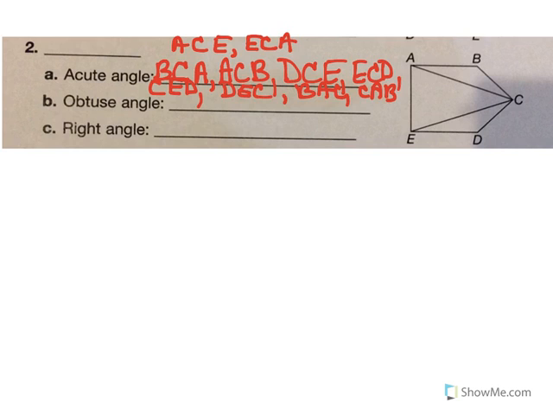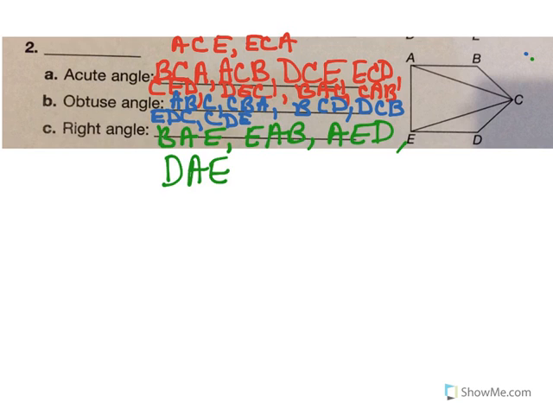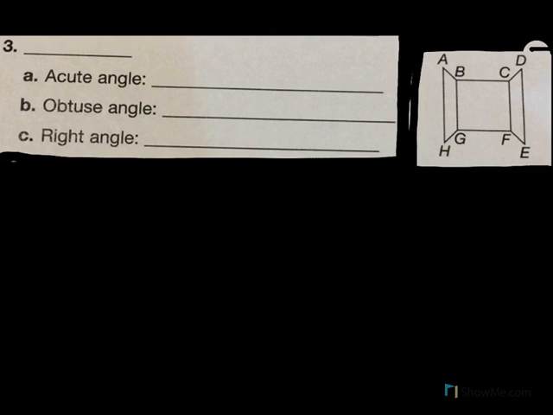Okay, I found 10 acute angles. I found 6 obtuse, and I only see 4 right angles. Okay, let's try another.